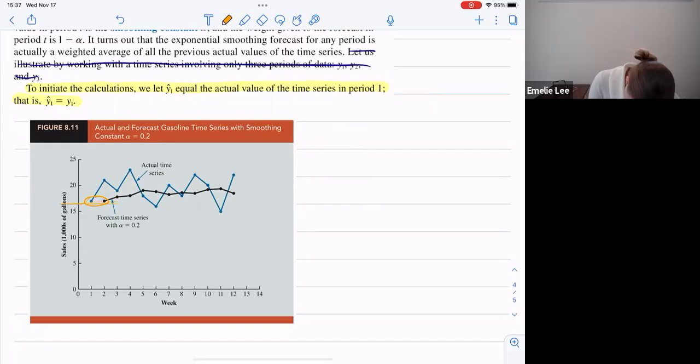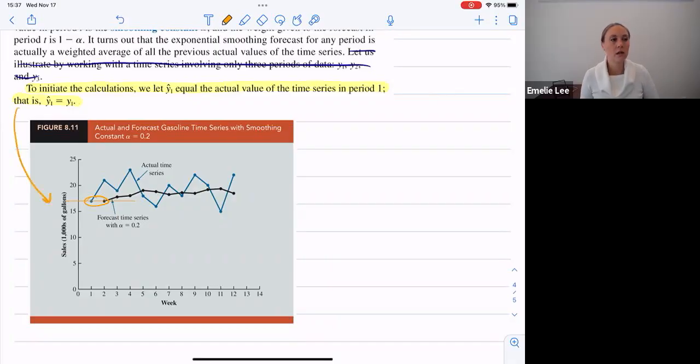They must be. I just can't draw very well. They are. There. Okay. And so we start off our forecast. So our forecast for week 2 is whatever happened in week 1.